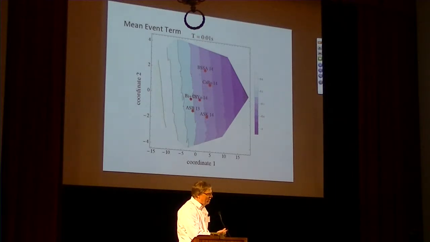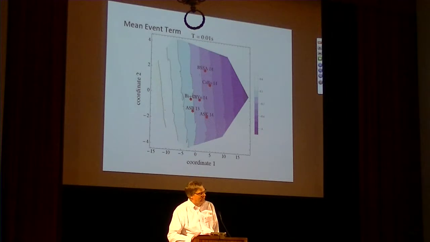You could change the magnitude scaling and adjust the distance scaling and get sets that are going to be different in their GMPE space, but equally well fit the data. This is telling you things trade off. If it didn't, then we'd have a nice bullseye here, and you'd have to be in a certain area.